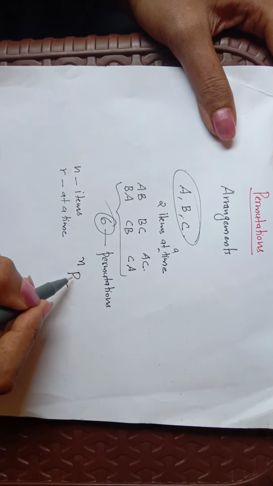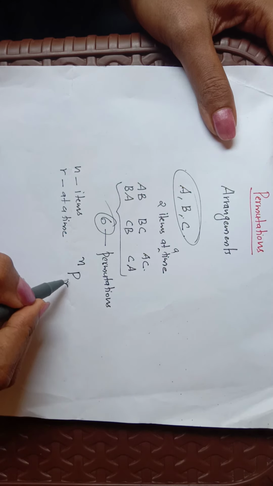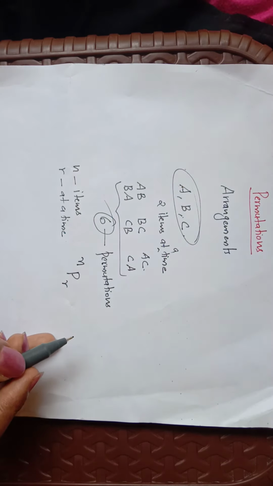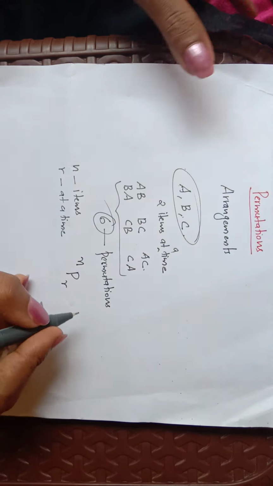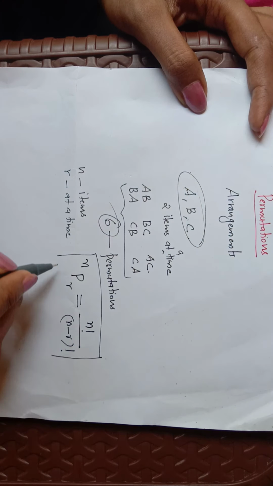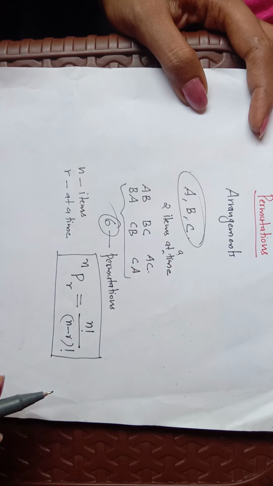This nPr represents the number of permutations, or the number of arrangements, of n different things taken r at a time. This nPr is given by the formula nPr = n! / (n - r)!. This is the formula for finding nPr.